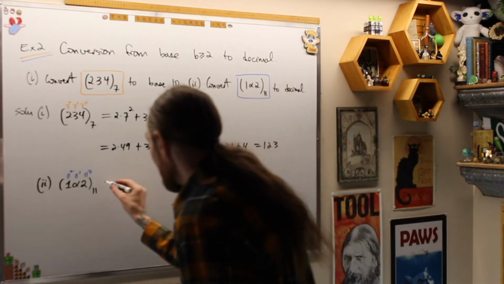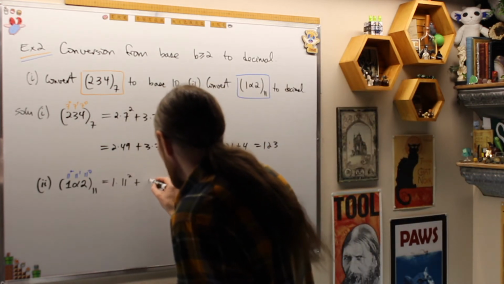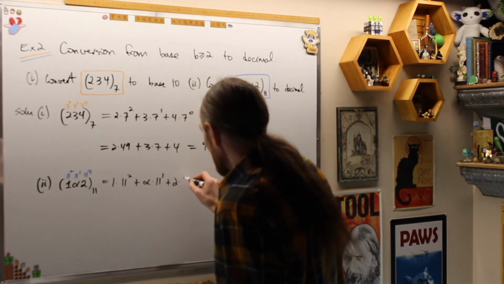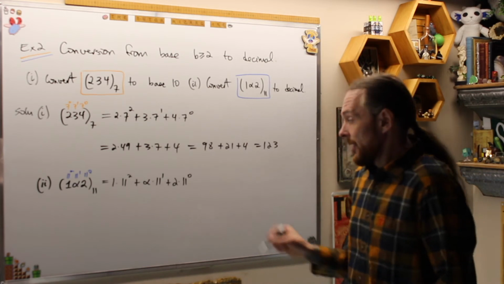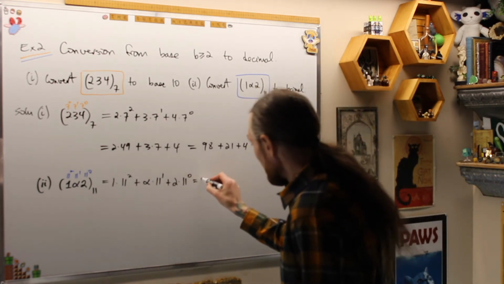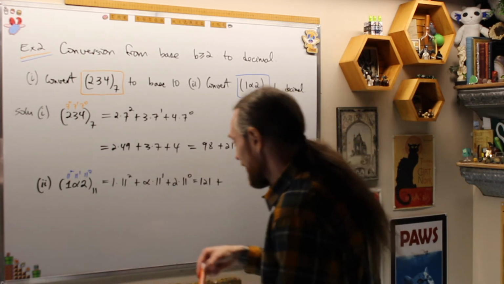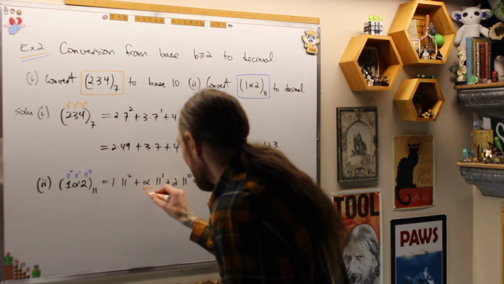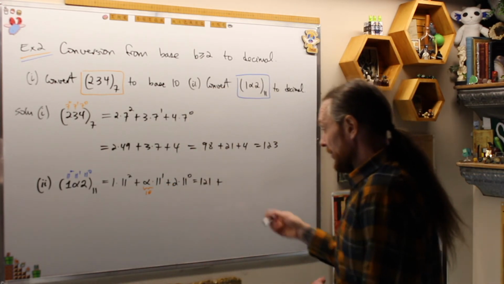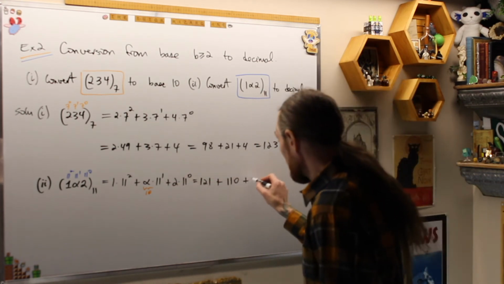So this is equal to 1 times 11 squared by definition, plus alpha times 11 to the 1, plus 2 times 11 to the 0, which is now equal to 121, plus 10. This is now a 10, remember, in base 10. And then 110, 10 times 11, and then plus 2.